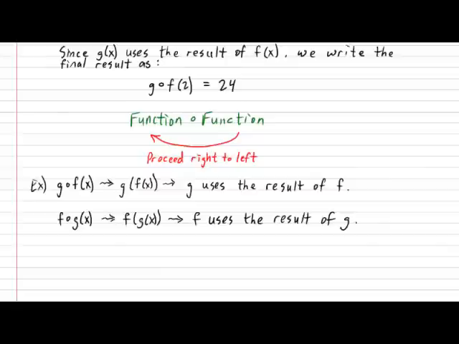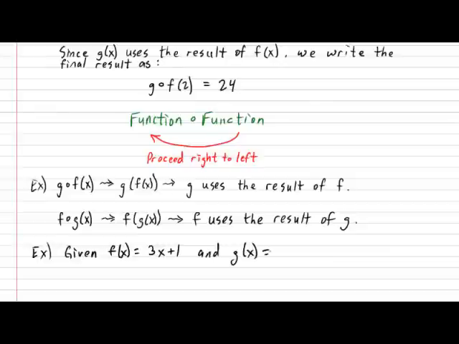Now I'd like for you guys to try one on your own. So put another example, please. I'm going to give you two functions. How about, given that f of x is defined by the rule 3x plus 1, and g of x is defined by the rule 2x minus 1.